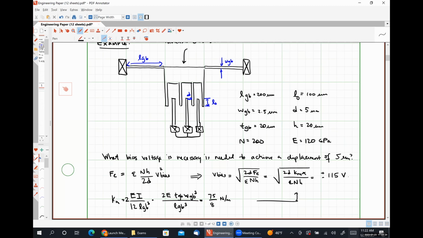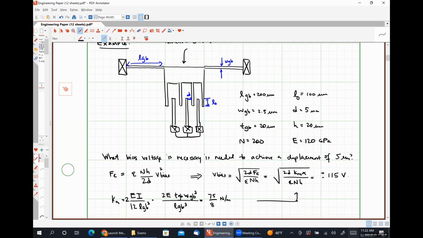115 volts and some change DC. Okay. So we can see that for this relatively stiff suspension, it takes a pretty considerable voltage to get some movement out of this thing.